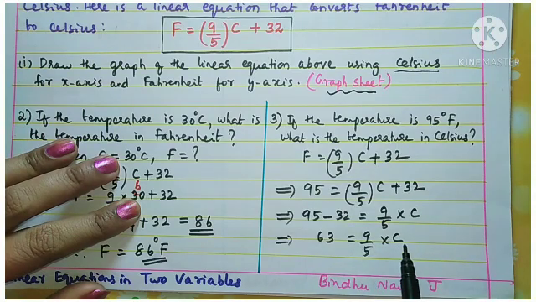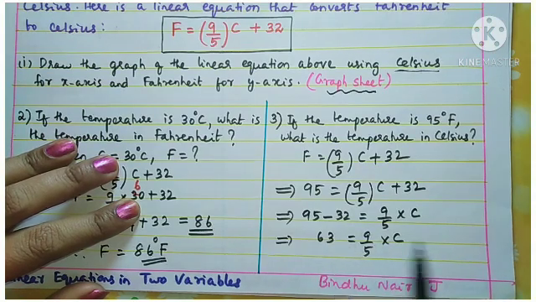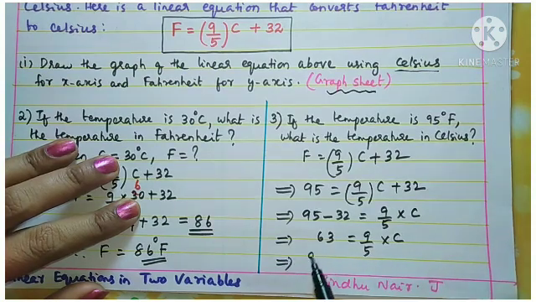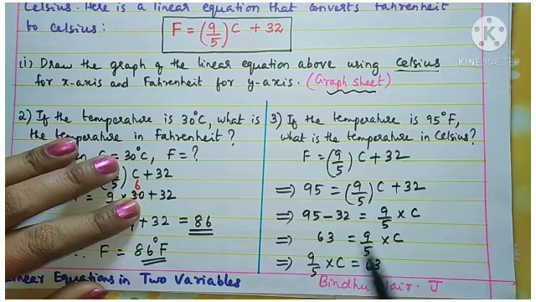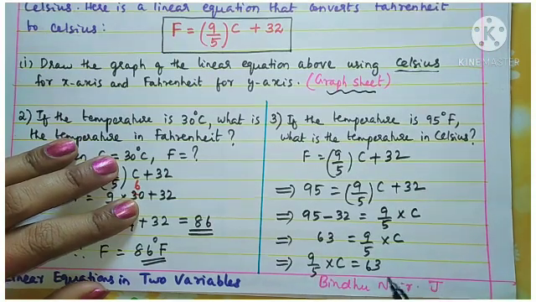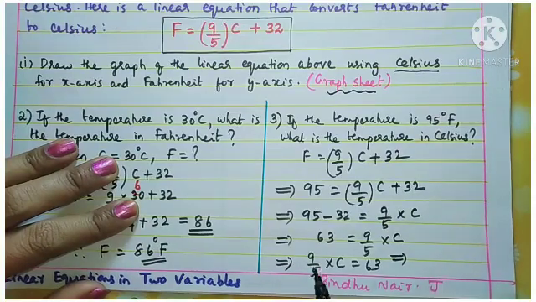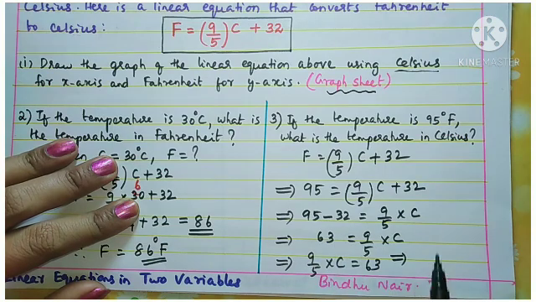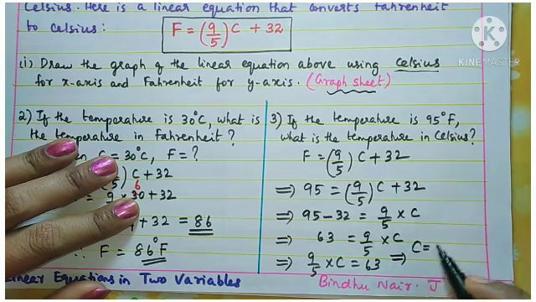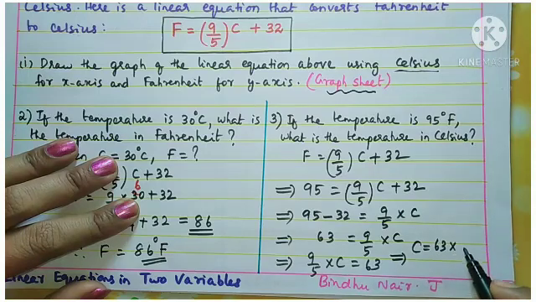Because C is on the right side, you can just interchange the equation. I am writing it like this: 9 by 5 into C equal to 63. I just interchanged the left hand and right hand side for convenience. You see 9 by 5 into C is multiplication. When you transpose this 9 by 5, it becomes division. So C equal to 63 into reciprocal 5 by 9.